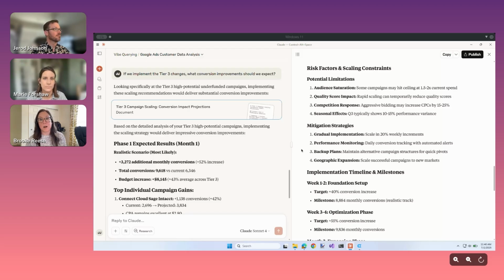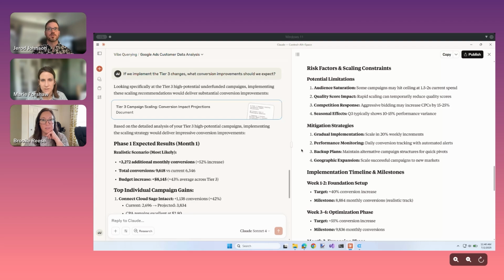Also interesting that it calls out quality score impact, which can impact your cost per click and how much you end up having to spend to get those clicks on your ads. So great that it's calling out things that are a little deeper than what you would expect on the surface. Really good stuff there too.